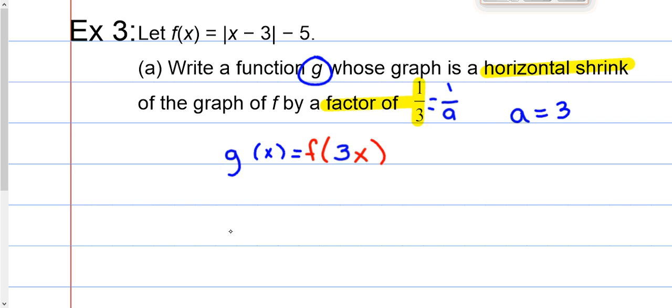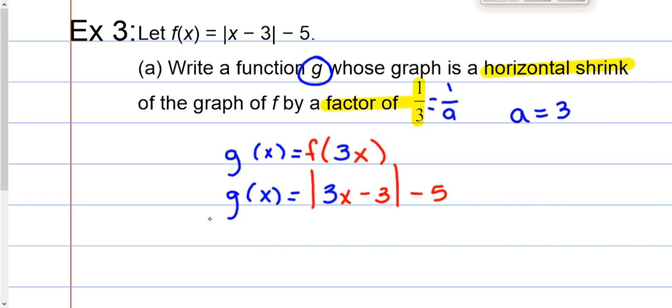So let's go ahead and plug that into my old function. I've got g of x equals my f of x function. Originally, I have absolute value. Instead of x, I now have 3 times x, and then minus 3, close the absolute value, minus 5.